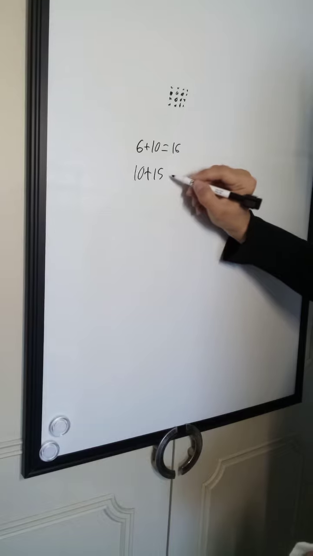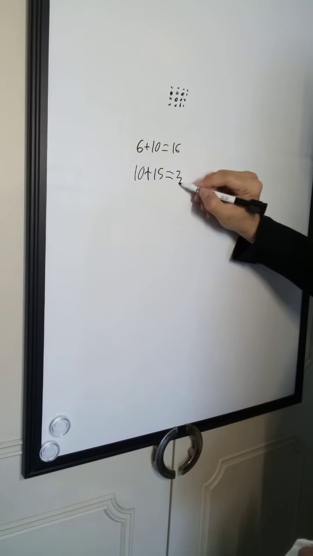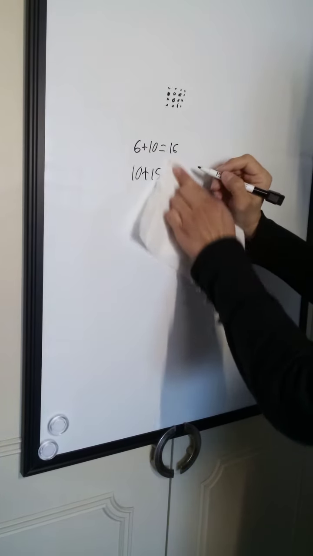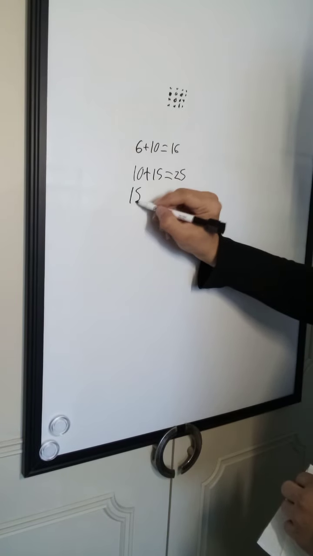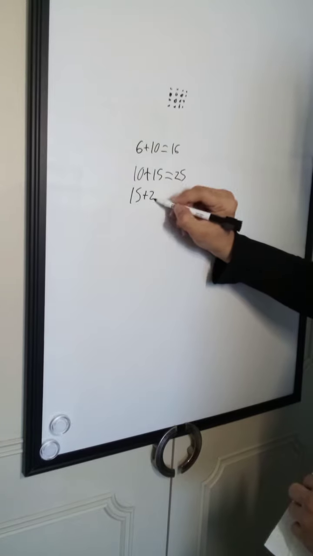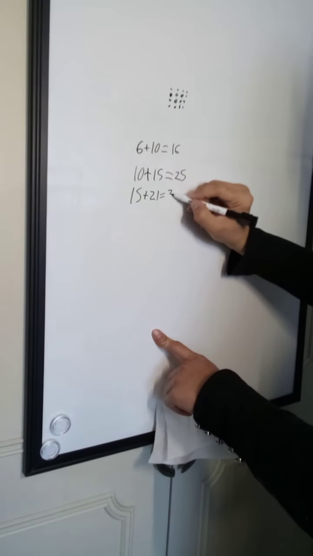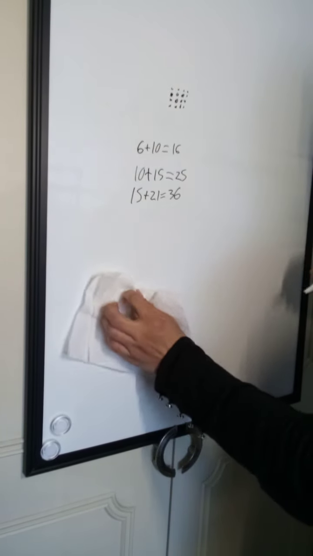So yeah, any two consecutive triangular numbers equals a square. Etc.